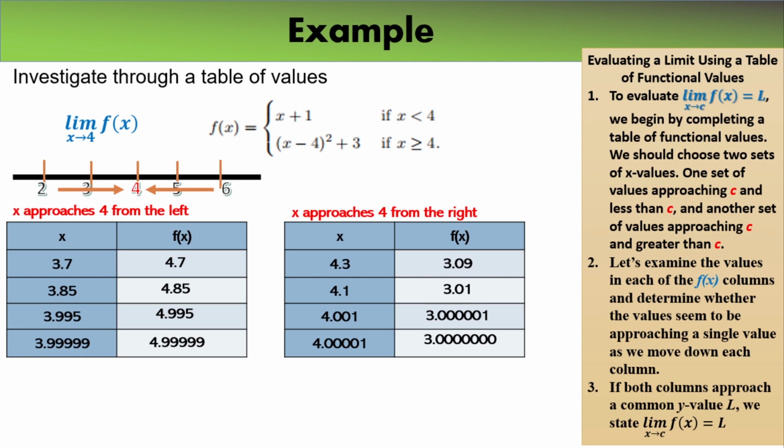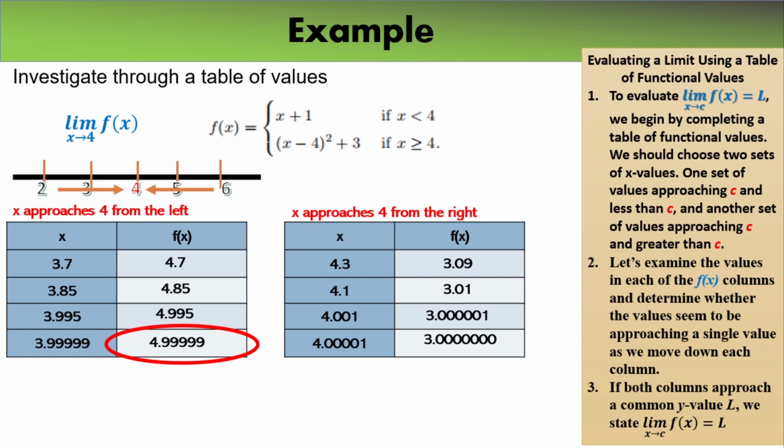Let's try to observe kung ano yung behavior ng f of x natin as x approaches 4 from the left. So, as x approaches 4 from the left, yung f of x natin ay papalapit sa value na 4.99999 or approximately 5.